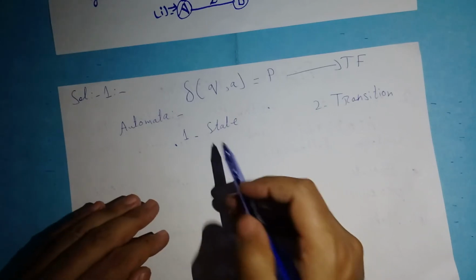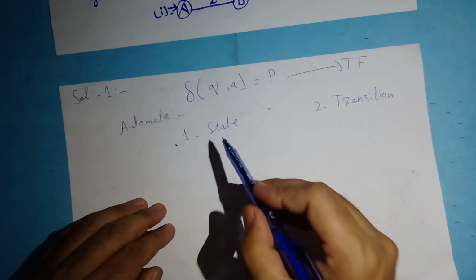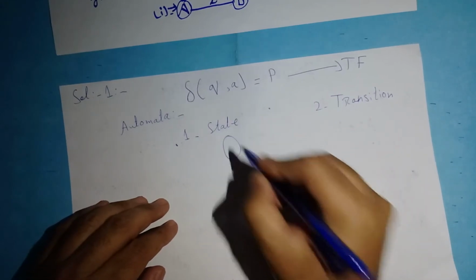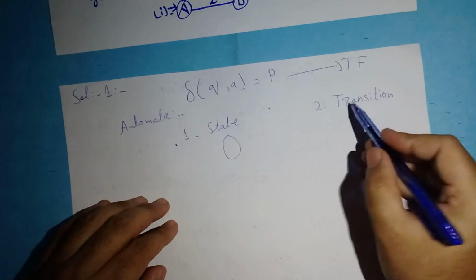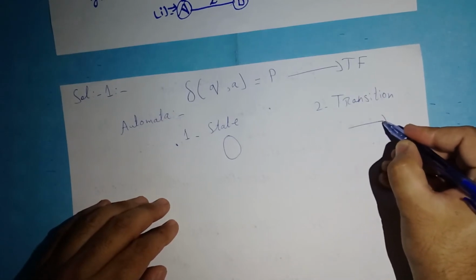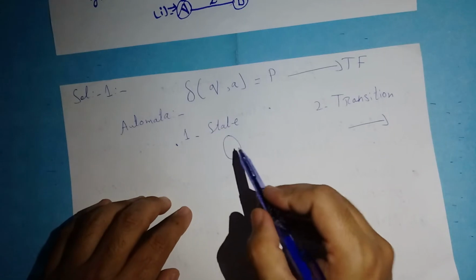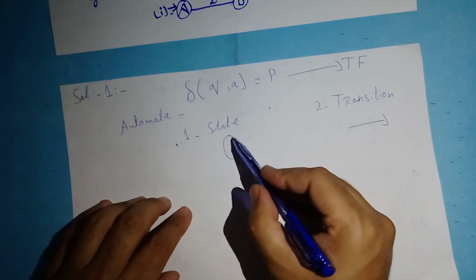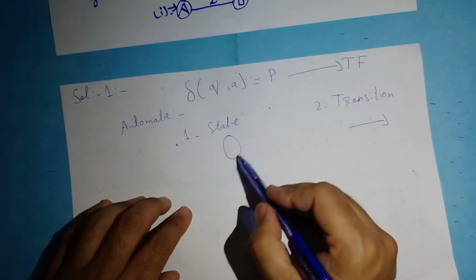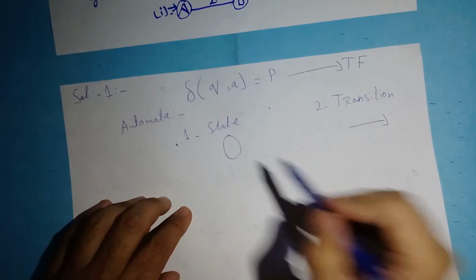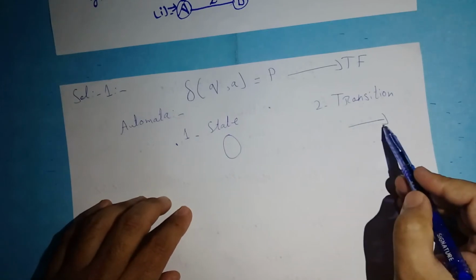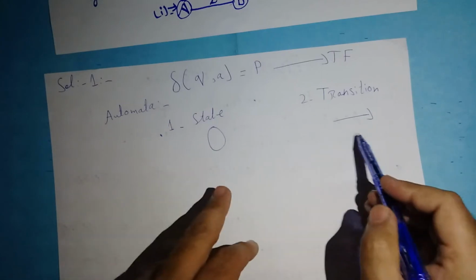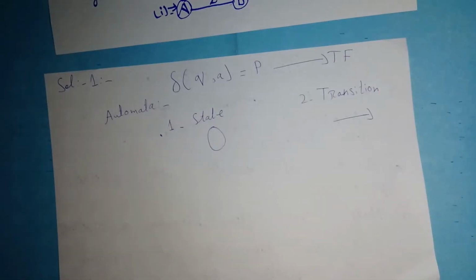The sign of the state is a circle, and the sign of the transition is an arrow. When you reach any state, you write the state inside the circle, and the transition arrow is used so that you can move from one state to another state.